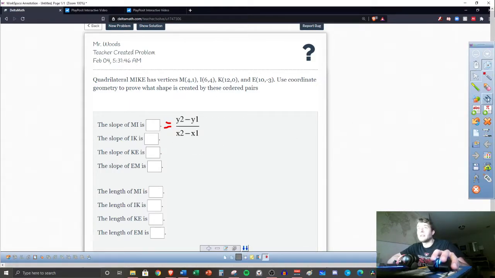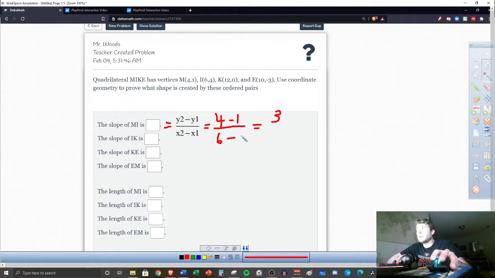If that keeps things straight for you, then go ahead and do it. We're starting with MI. So y2 is 4, y1 is 1, so 4 minus 1 is 3. Then we have 6 take away 4, so the change is 2. So 3/2 is going to be our slope for this one. That's what we begin with.